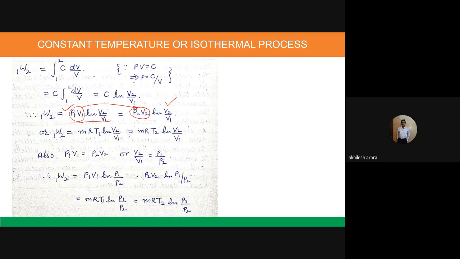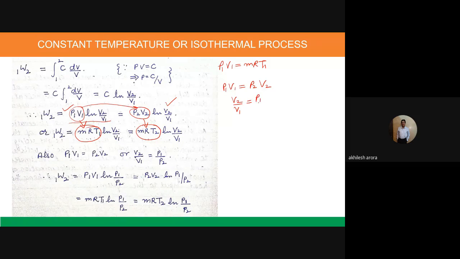Then P1 V1 is equal to MRT1, so we have used MRT1 here in place of P1 V1, and similarly instead of P2 V2 we can use MRT2.